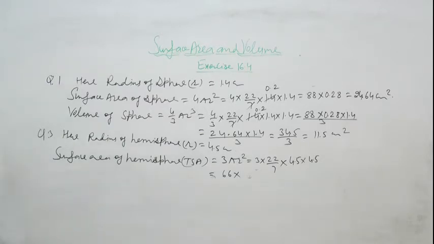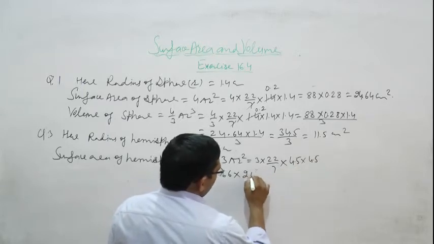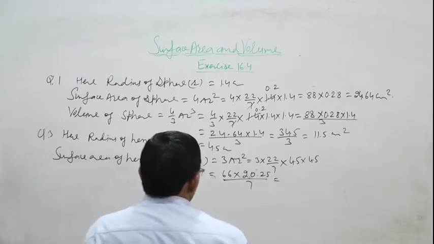The square of 45 is 2025, so the square of 4.5 is 20.25, divided by 7.